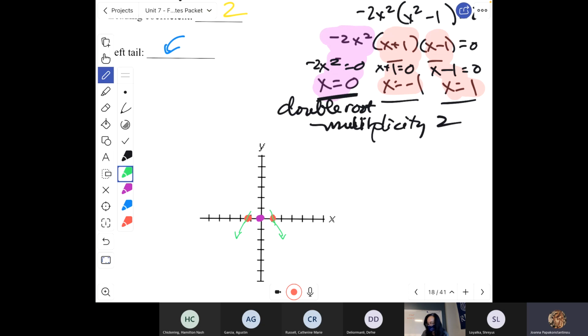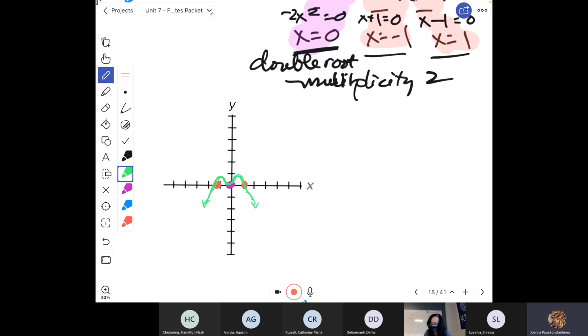Now, I would have to find more information to see how far up it goes. I could substitute x equal to a half, x equal to negative half. I'm not concerned about that right now. What I'm concerned about is I know that it does this. Do you see why? Since these are unique single multiplicity roots, multiplicity 1 here, it crosses.